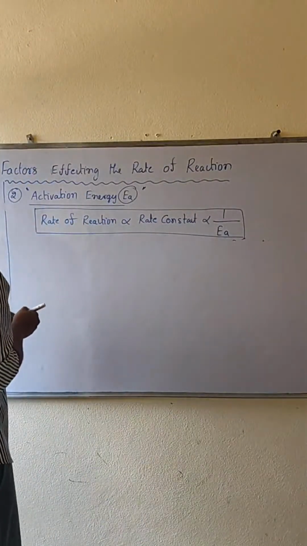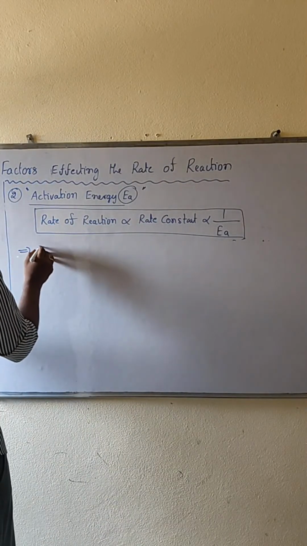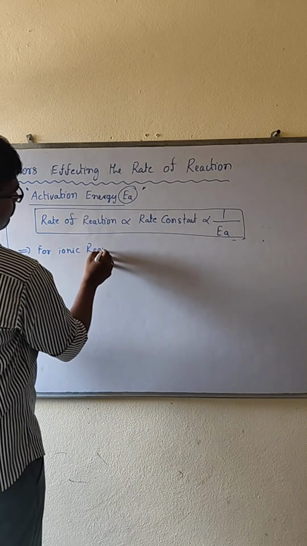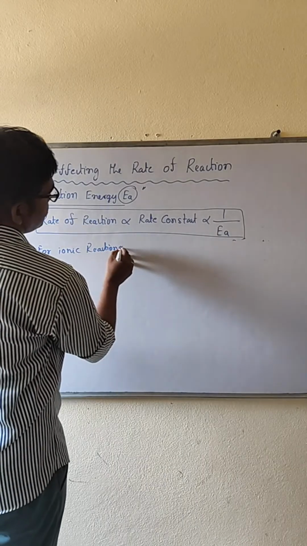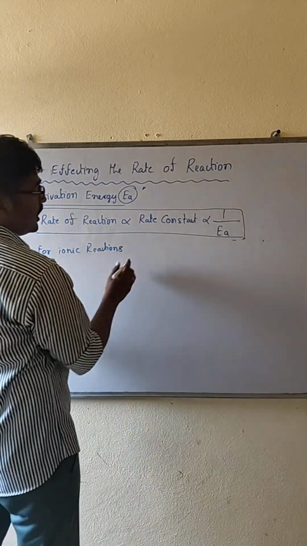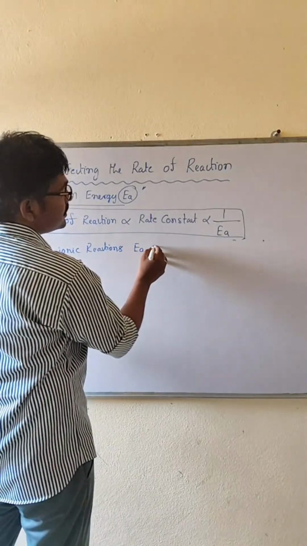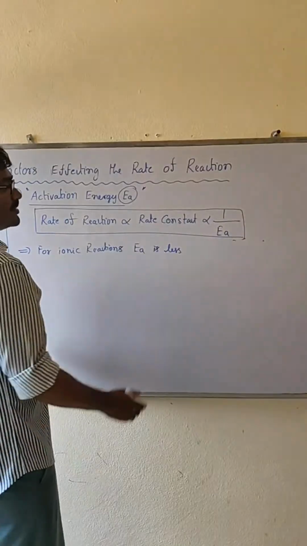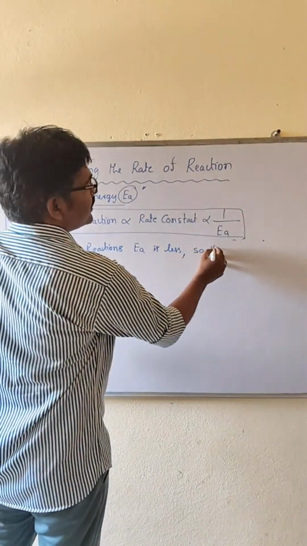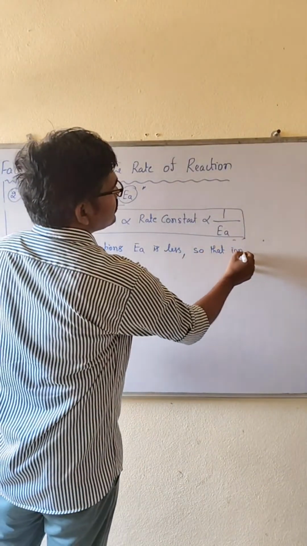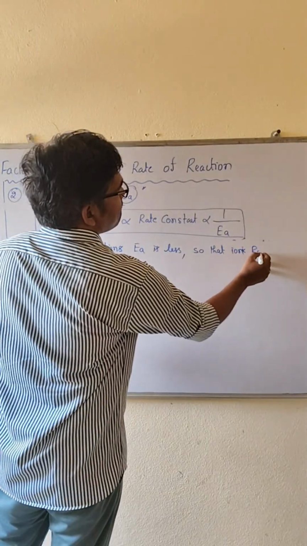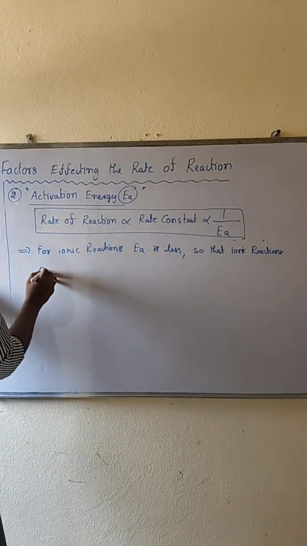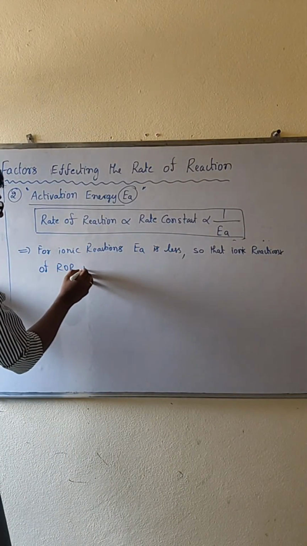activation energy. For ionic reactions, activation energy is less, so the rate of reaction is fast.